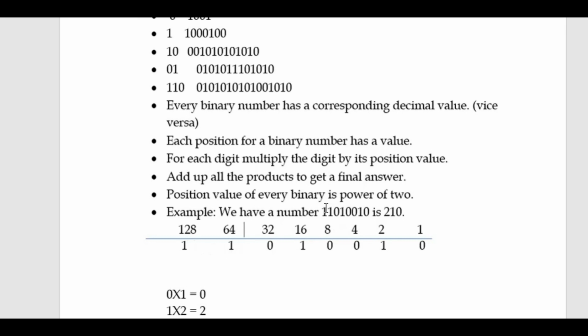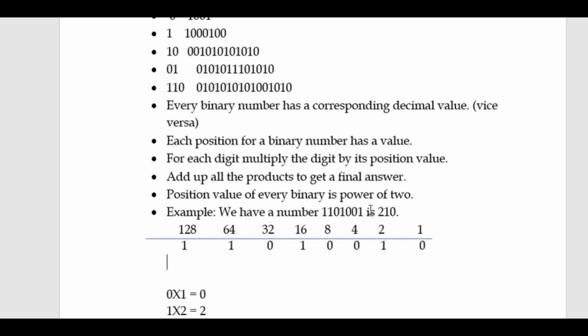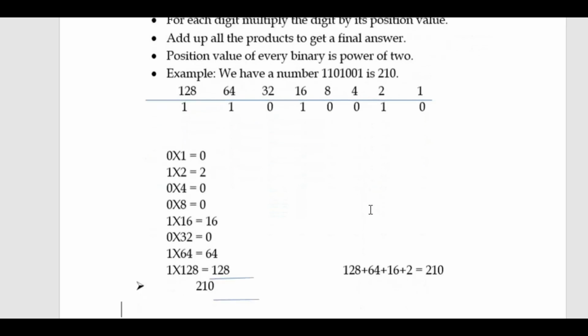So we have to write all these binary digits according to their respective places. For 128 I have written 1, for 64 it's 1, for 32 it's 0, for 16 again it's 1, for 8 it's 0, for 4 it's 0, for 2 it's 1, and for 1 it's 0. Now we should start calculating.